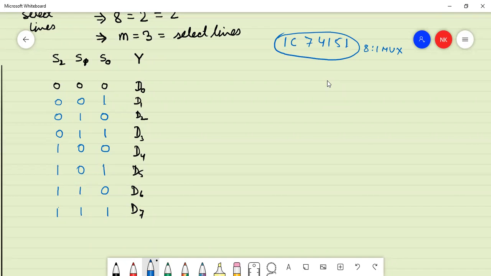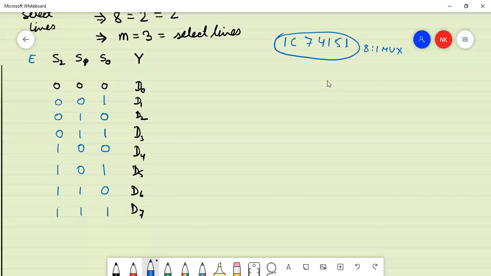Among those 14 pins, there are 8 data lines as inputs, 3 pins for select lines, and 1 pin is the strobe input or the enable input. Okay, 1 pin is the enable input and this is active low.